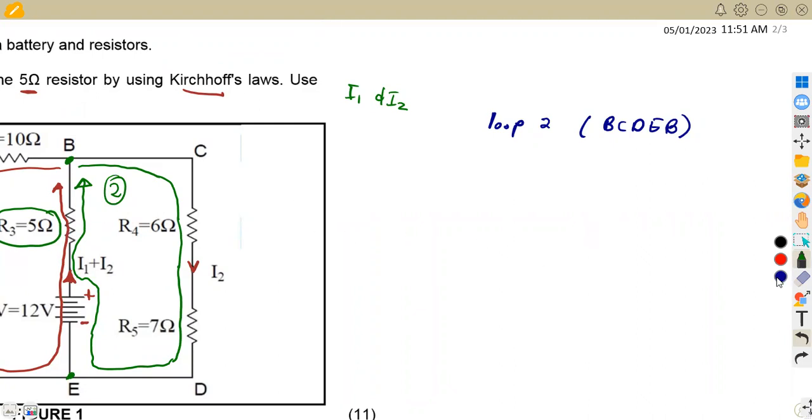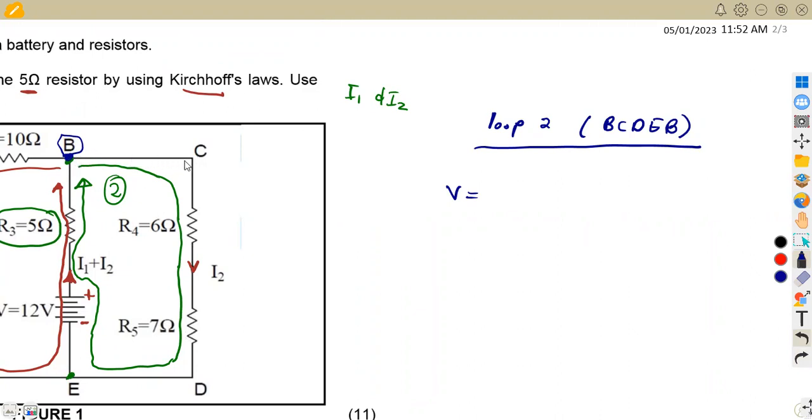From this loop, we still have the same concept of the voltage supply being equal to the voltage drops in each branch. So let's consider from point B. We want to start at point B here. From point B to point C to point D to point E, there is the same current.